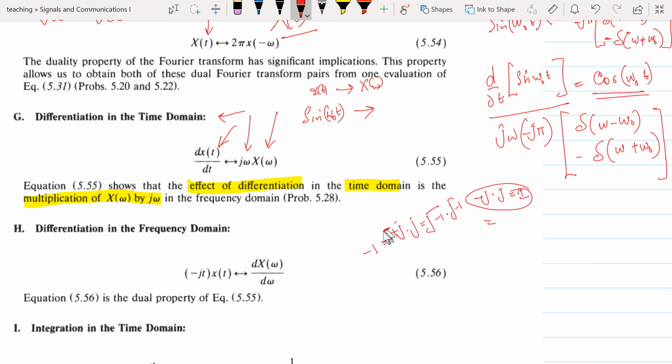Therefore, if you introduce a negative there, this will become root of 1, and therefore it will become positive. And therefore, when you introduce a negative, then this will become negative 1.